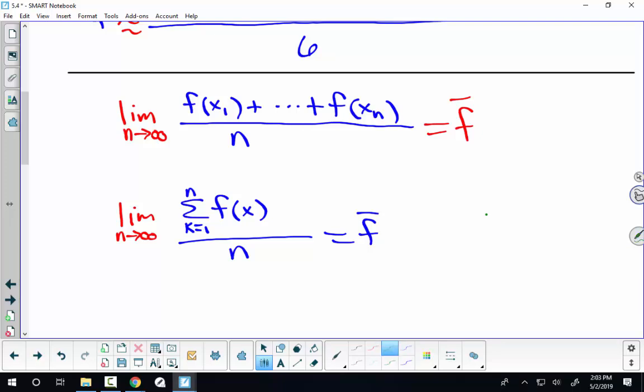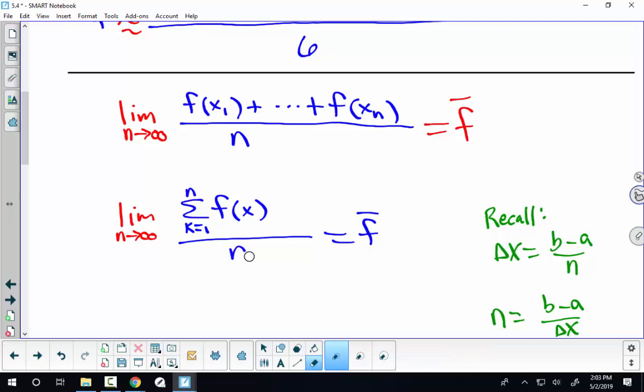If we remember that delta x is b minus a over n, it's the same n. The n is the number of rectangles. Here, the rectangles now correspond to how many y values we're adding. So if we remember that, then n is equal to b minus a over delta x. Let's put that in for our n.